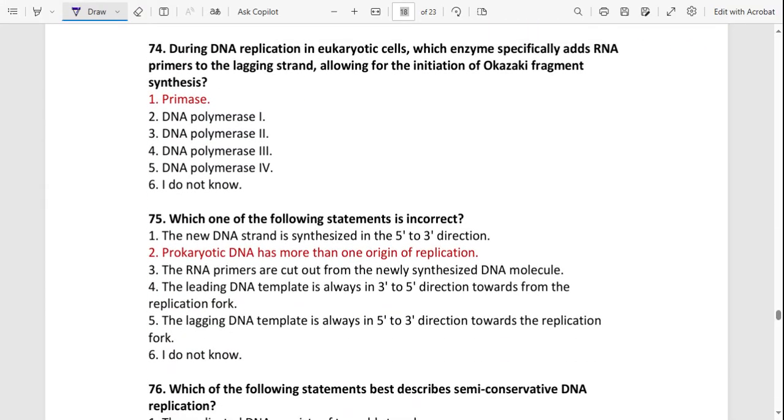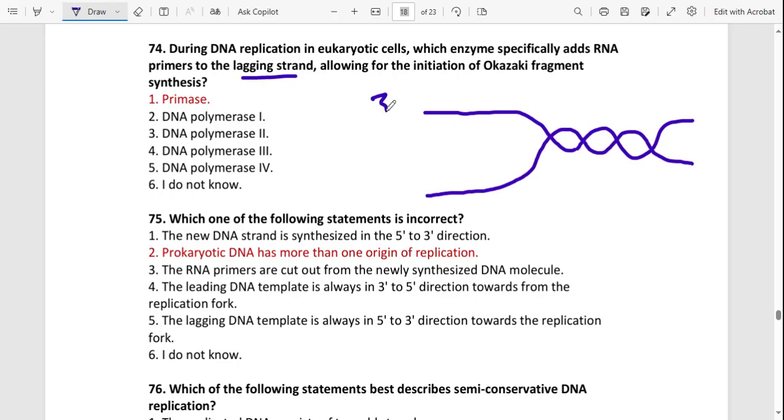During DNA replication in eukaryotic cells, which enzyme adds RNA primers to the lagging strand? Now I've got two strands. Let me put it like this. I've got this one strand, and then you have this other one.